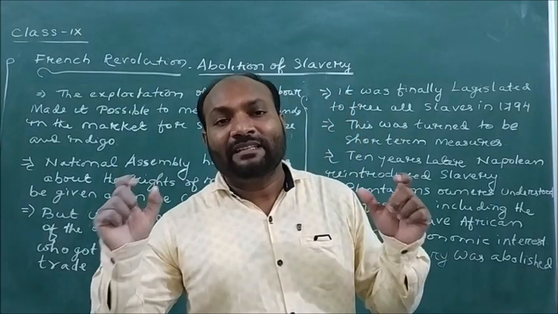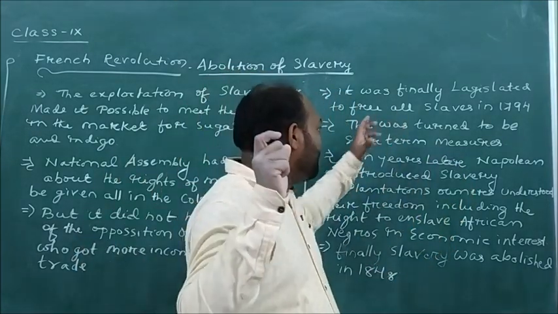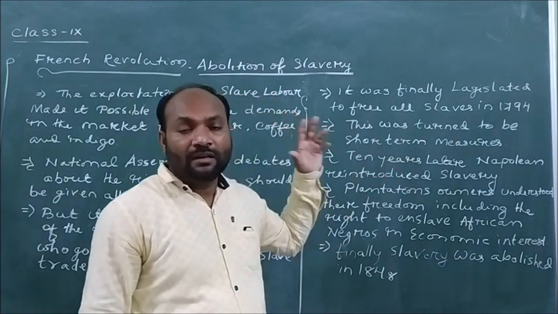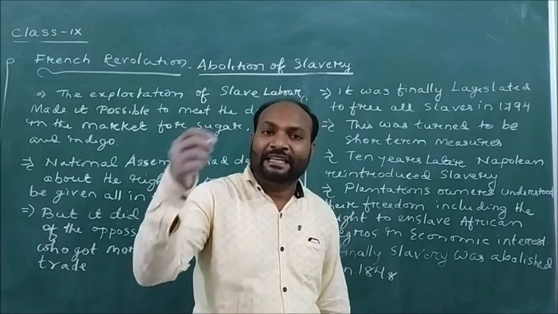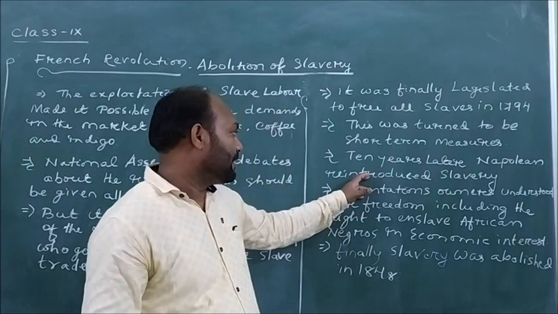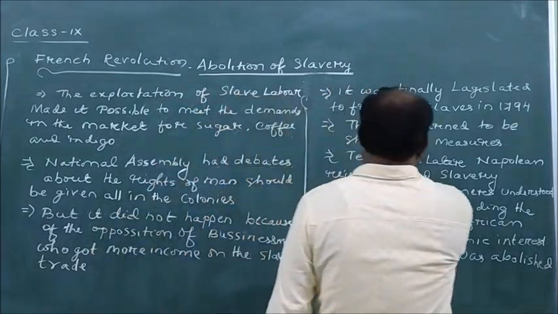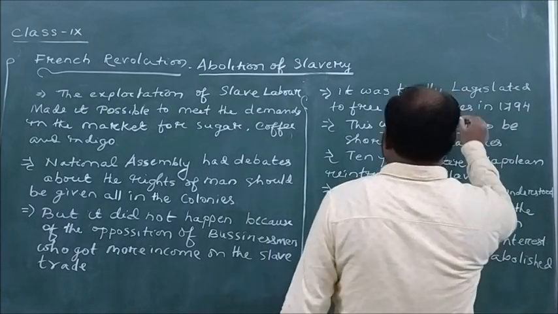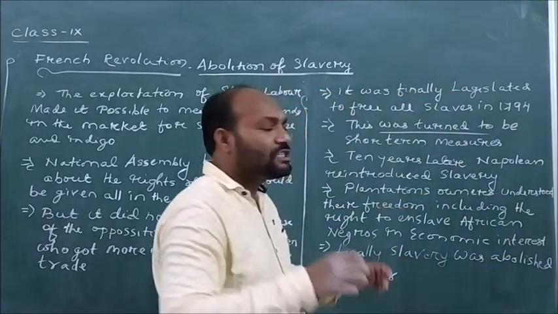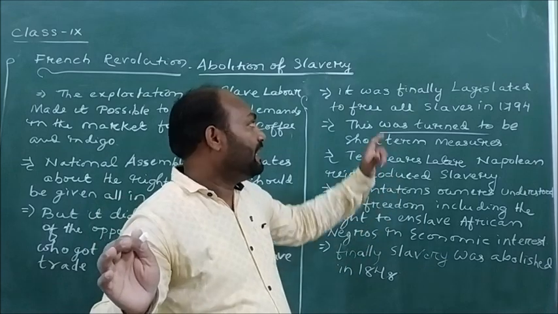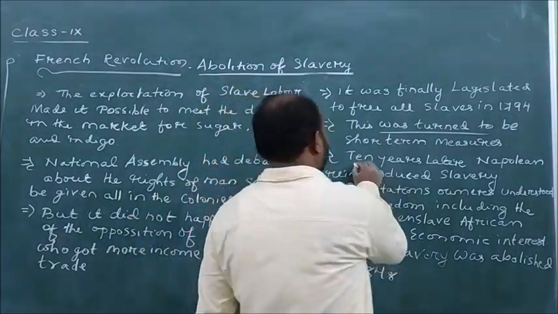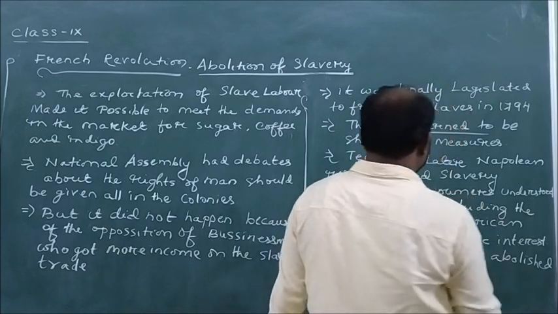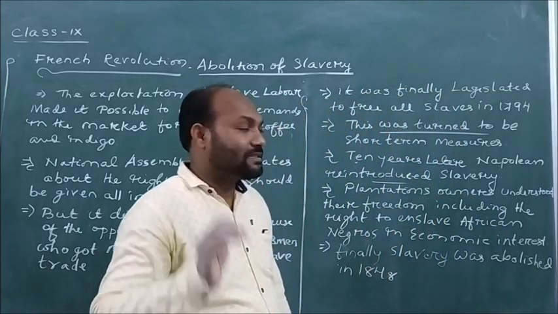Only for 10 years the slavery was free, but again when Napoleon came into power, he reintroduced slavery. So we understood that the abolition was a short-term measure after 1794, but when Napoleon Bonaparte came into power, he again reintroduced slavery.